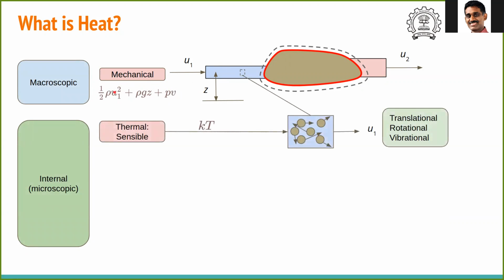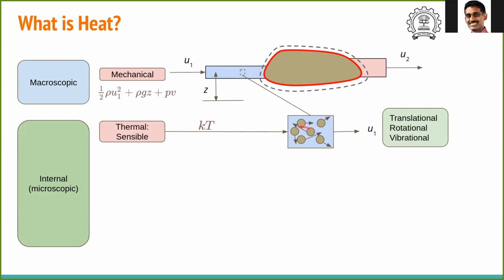Then we have thermal energy. So consider a small packet of fluid, and if you zoom in to the molecular level, we'll see that the molecules are actually moving in a random fashion, but the whole packet itself has a velocity u, which is in this direction. So the mean velocity of all these random velocities is u, but each of them has a randomized thermal energy.